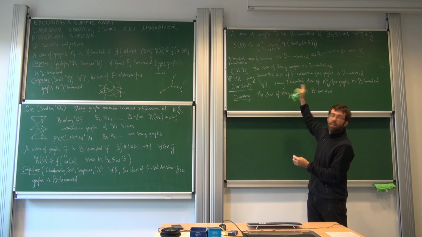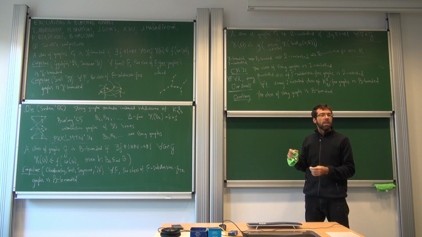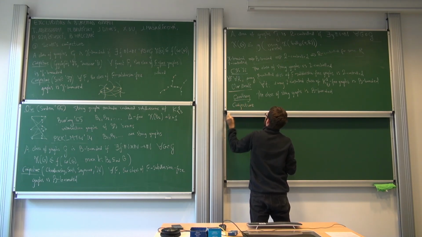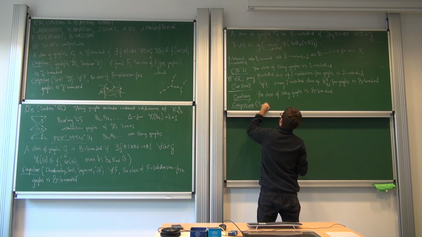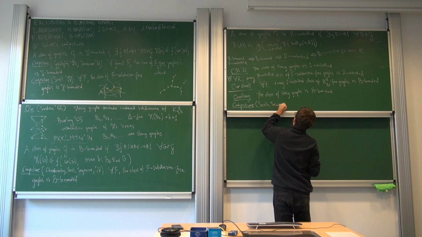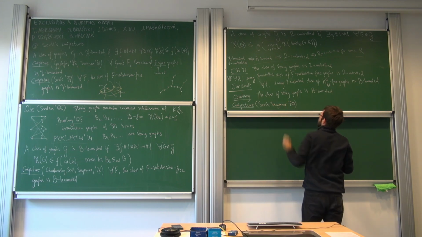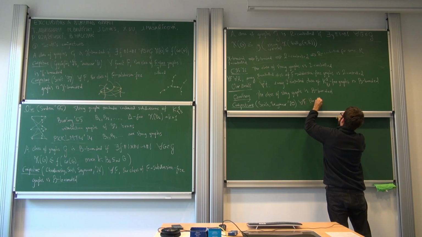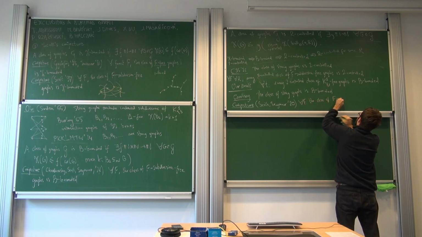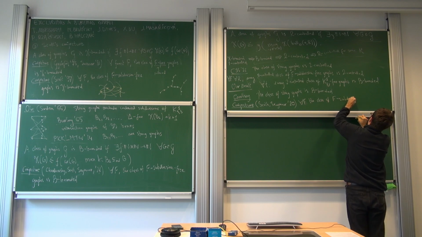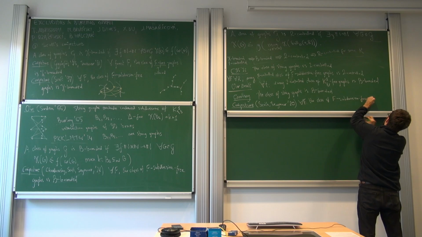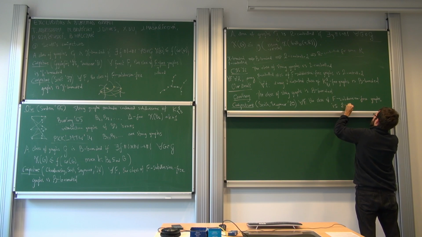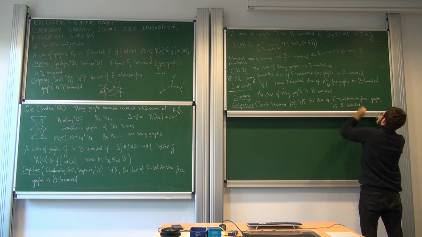Or just that it's R-controlled for some R. And this has been conjectured by Scott and Seymour in 2020, namely for every F, the class of F subdivision free graphs is two controlled.